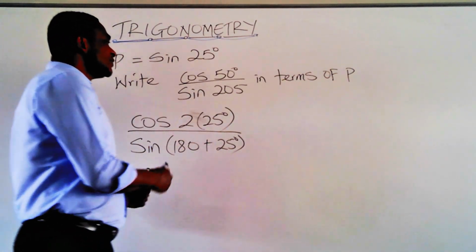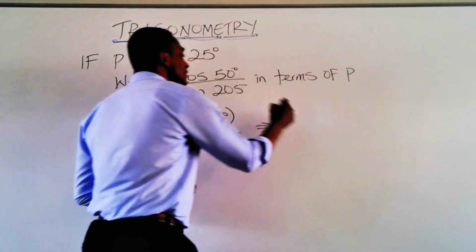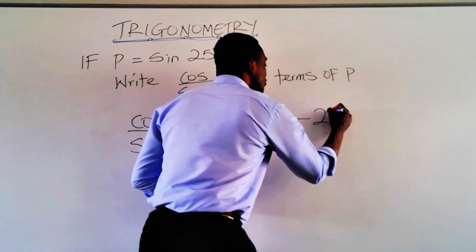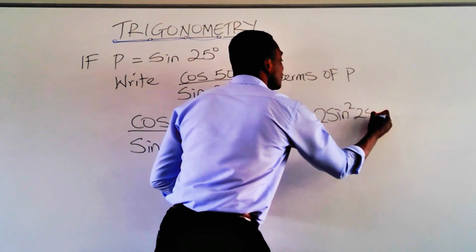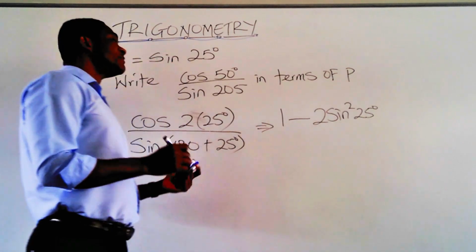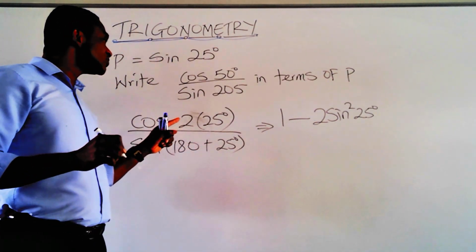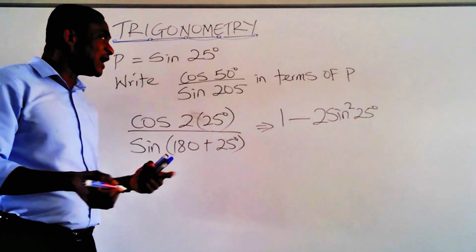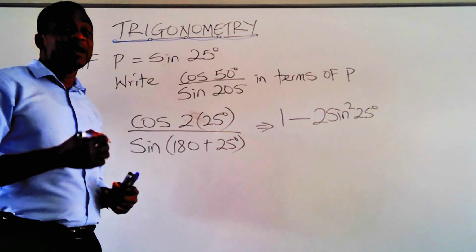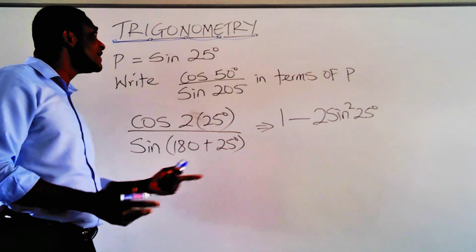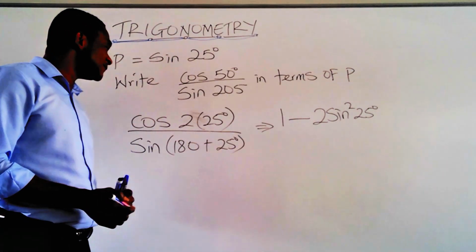So let's reduce this to the double angle identity that will have sine: 1 minus 2 sine squared 25. Remember, the double angle identity can be 2 cos squared theta minus 1, or 1 minus 2 sine squared theta, or cos squared theta minus sine squared theta. You choose the one that is relevant to the given expression.